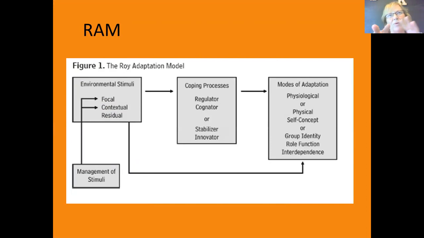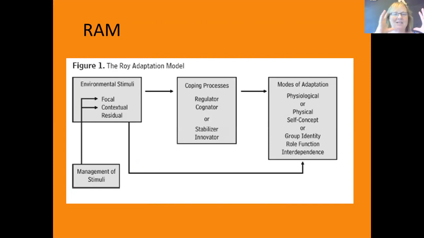For a family, group, or community, the modes were physical, remember, physiological for an individual, physical for a group. Group identity, where for an individual it was self-concept, but for a group or family or community, it was group identity. And the last were the same, role function and interdependence.